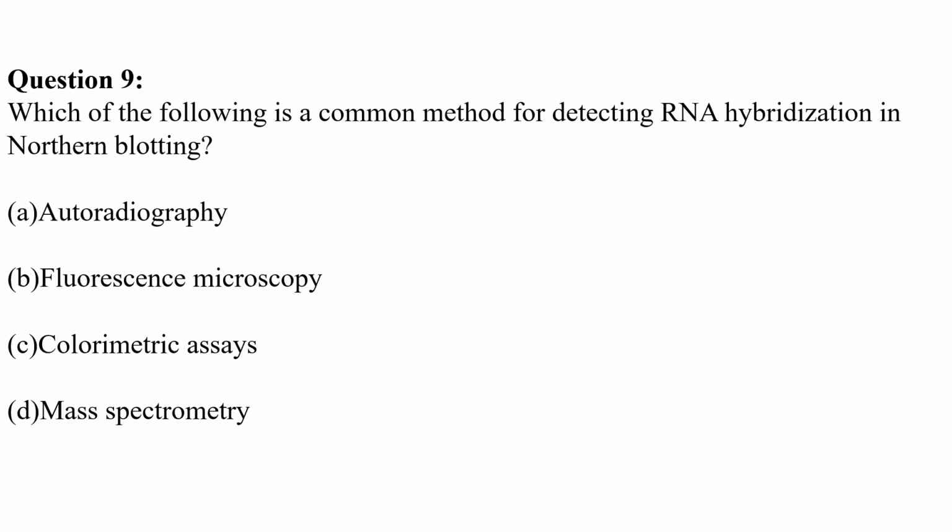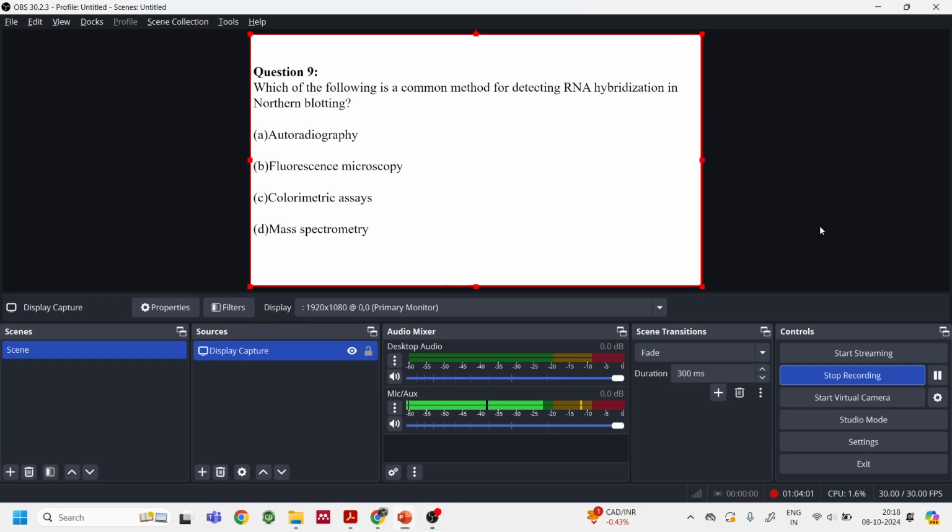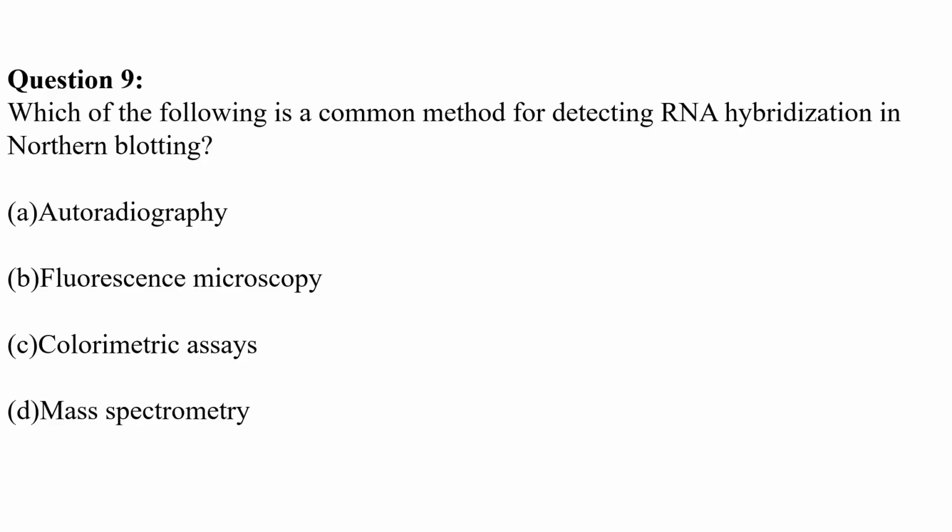Now moving on to the next question. Which of the following is a common method for detecting RNA hybridization in northern blotting?